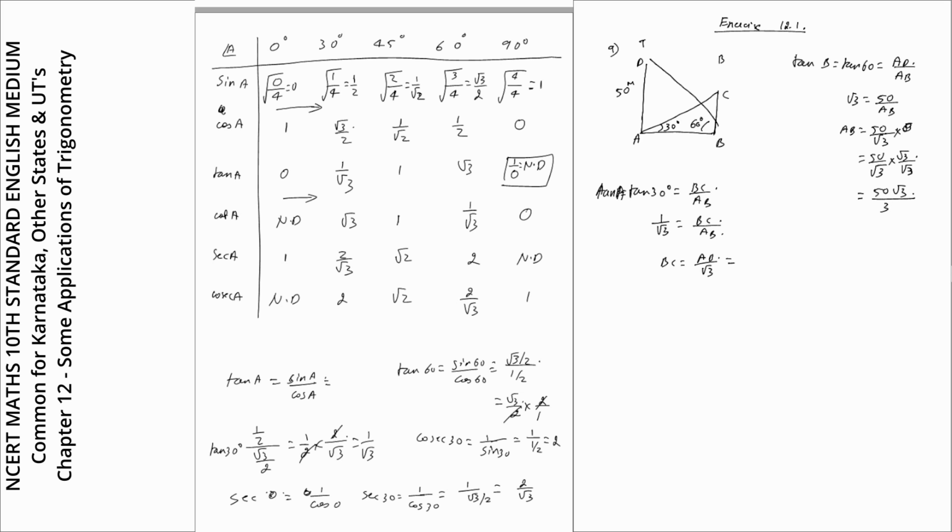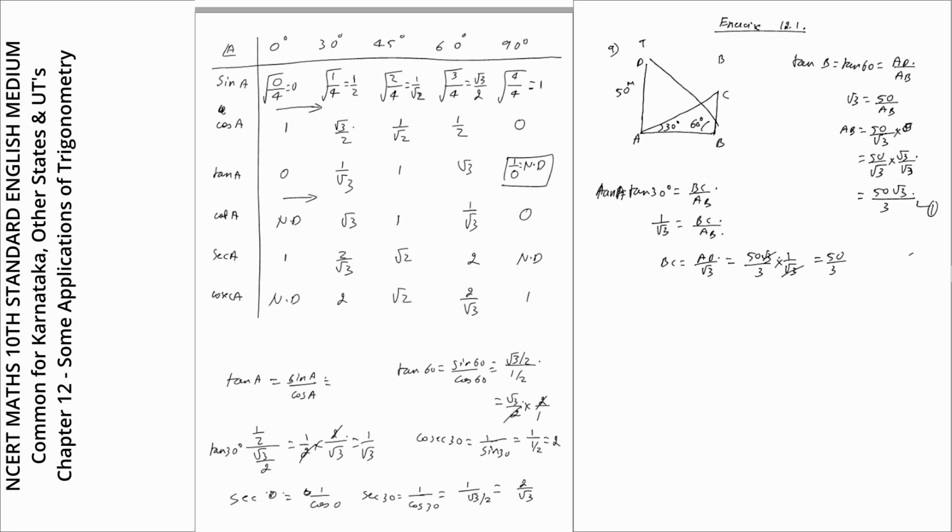So BC is equal to AB. What is AB? AB we found out from 1. So substitute that value here. AB is 50 root 3 by 3 into 1 by root 3. So here root 3 will get cancelled. I will get 50 by 3.